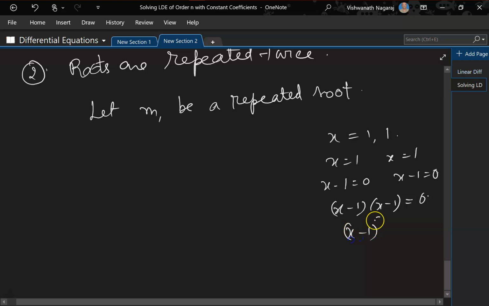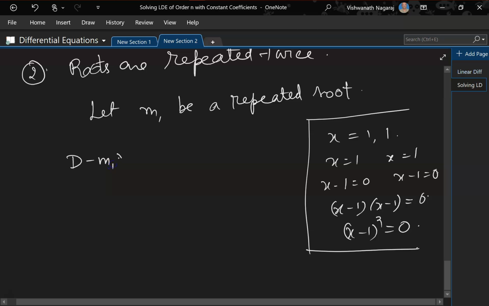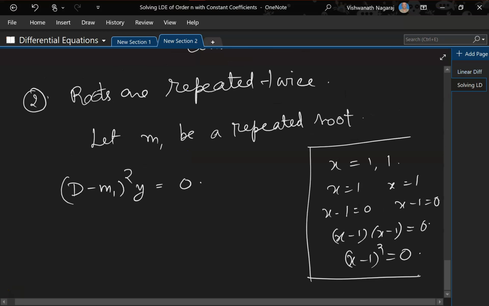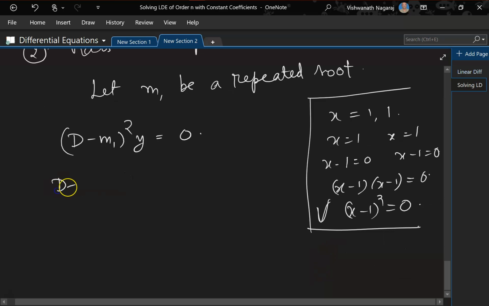Similarly here we know that (D minus m1) squared y is equal to 0. The D minus 1 came by this logic. This can be written as (D minus m1) times (D minus m1) y equal to 0.